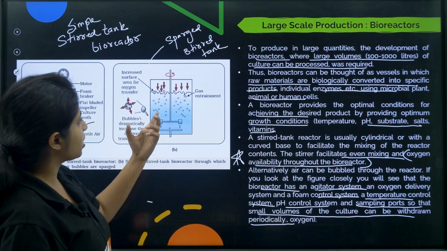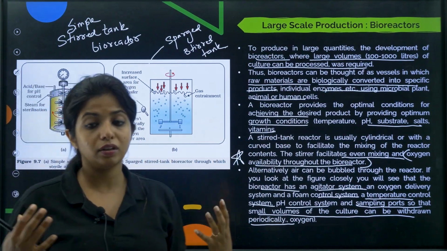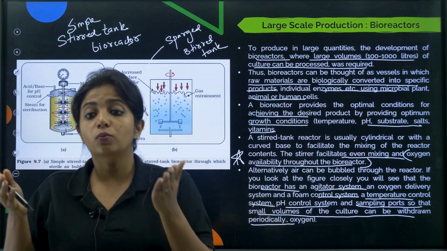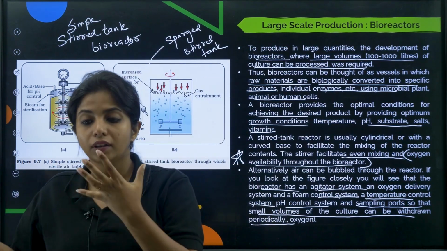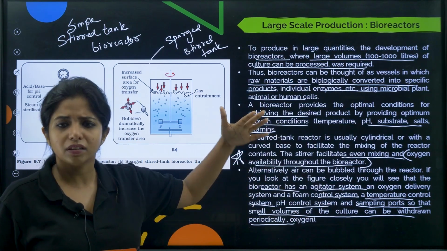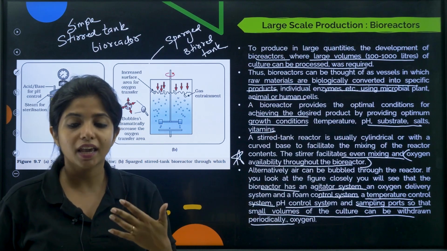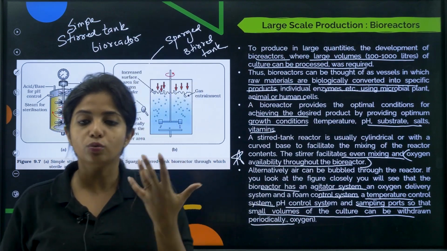So little amounts can be taken out and checked to see whether it is being produced normally, or if we want it in a small quantity, we can do that also. So this is general information about bioreactors, and these are the questions I saw. Nothing new came there.